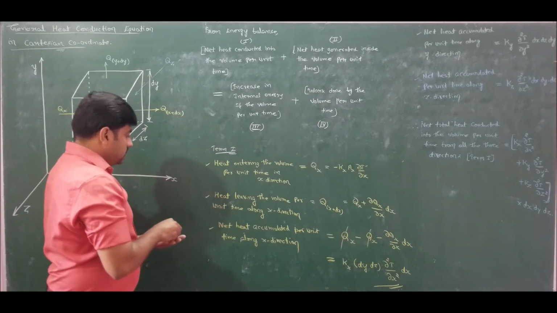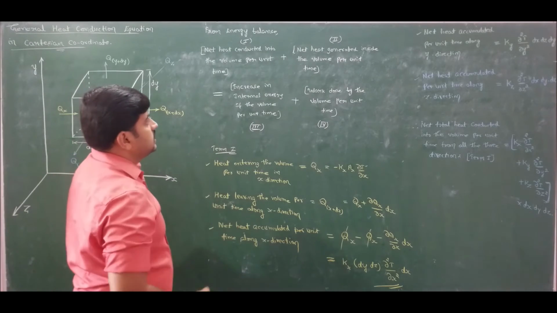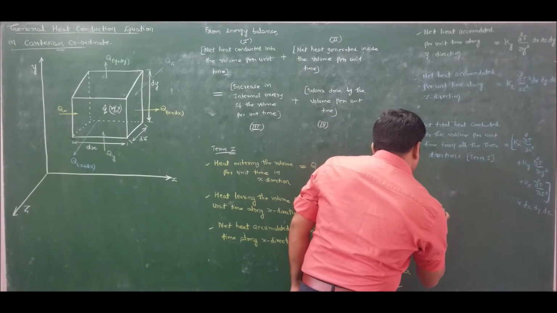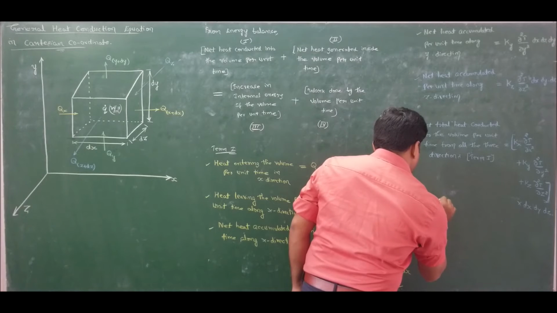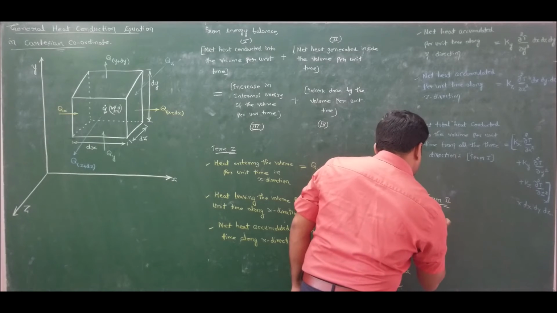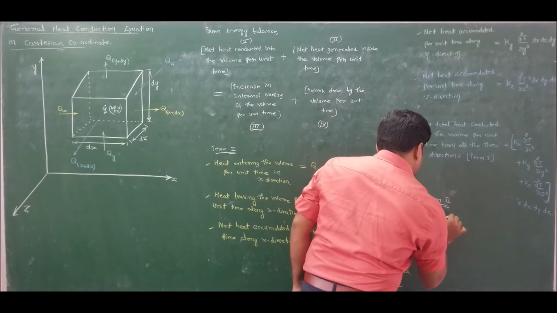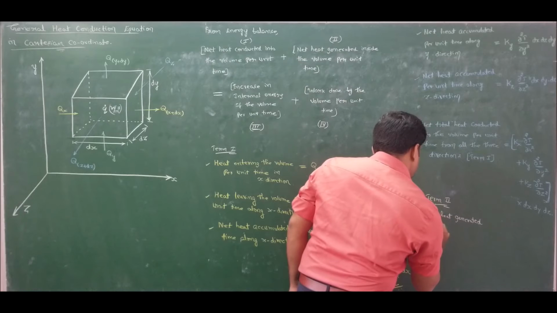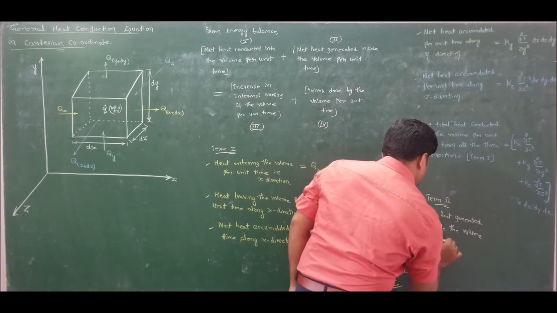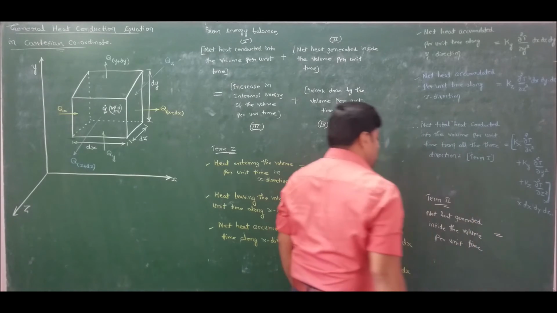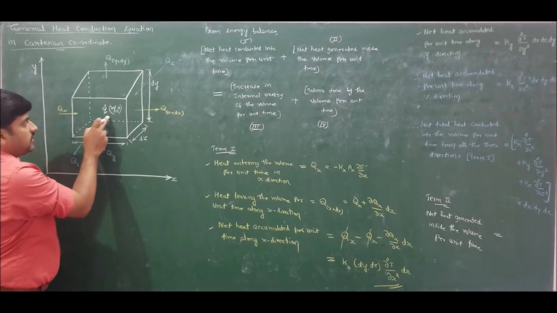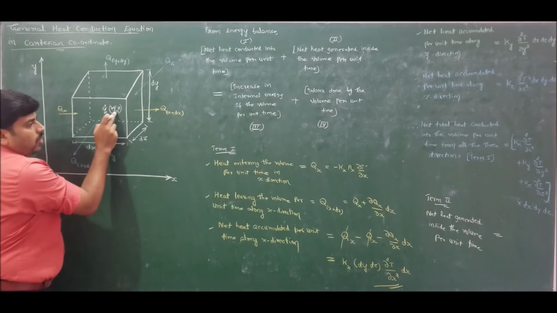Next, coming to the second term, the net heat generated inside the volume per unit time. So if I go for term 2, the net heat generated inside the volume per unit time will be equal to, we have q dot in watts per meter cube as heat generation. So I want it in watts, so therefore I should multiply by the volume in meter cube.